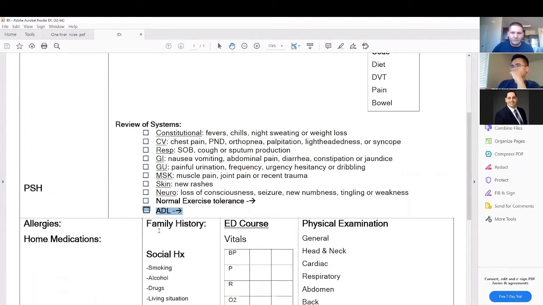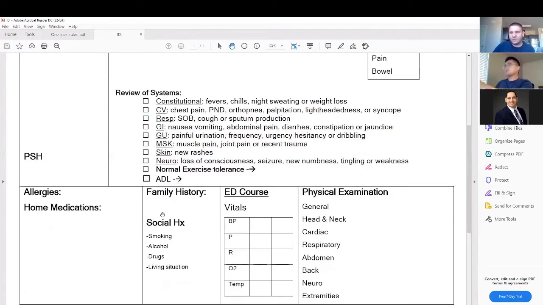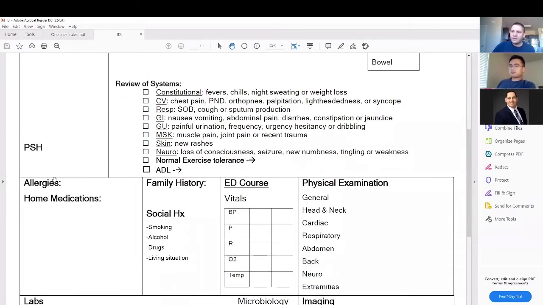Usually when we admit people, they have a dip from their baseline, and we try to bring them back to whatever their baseline is. If the patient is already bedbound and not able to move around, it's probably not a big deal. But if he was functioning and moving on his own, that's a big difference.